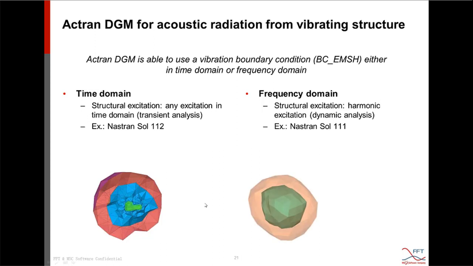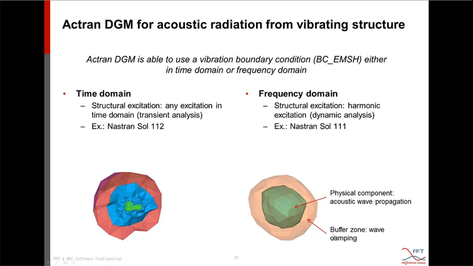And an Actran DGM mesh also involves different regions, as we can see. So at the very center, we have the coupling surface. That is the wrap of the structure surface. And then we will have a physical component for the acoustic wave propagation.